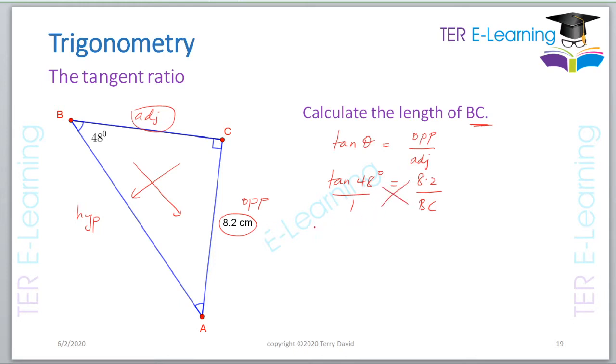So if we cross multiply, we're going to end up with BC multiplied by tan 48 degrees is equal to 8.2. So therefore, BC is equal to 8.2 divided by tan 48, and you're going to get 7.38 centimeters.